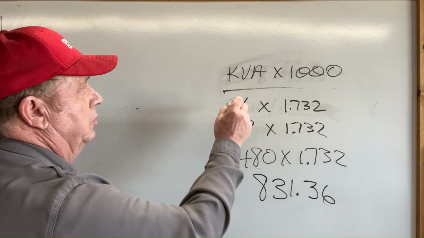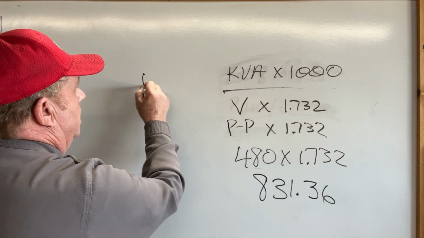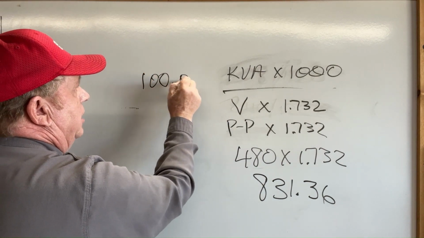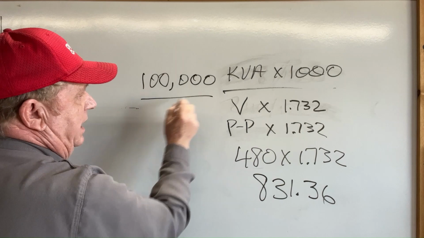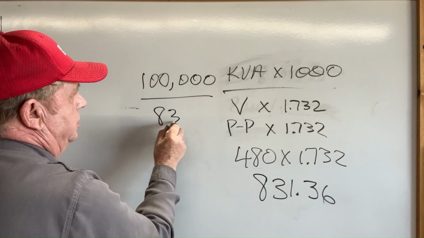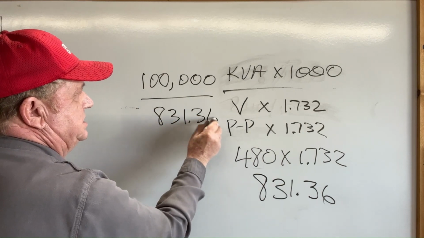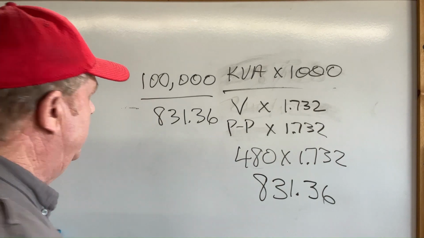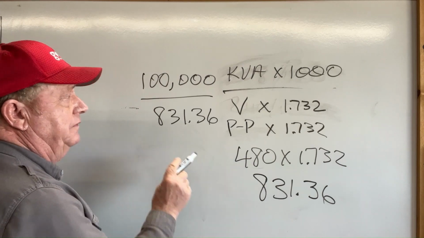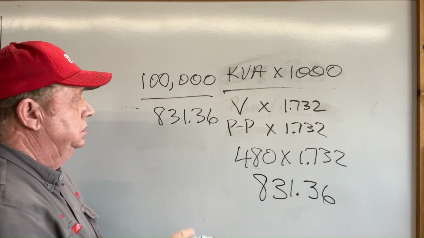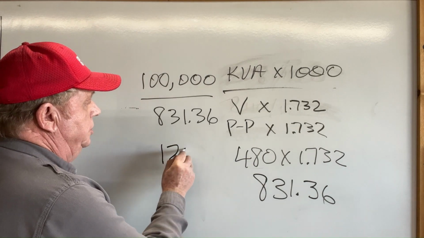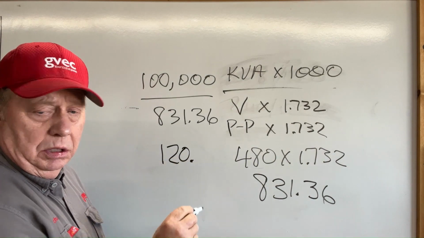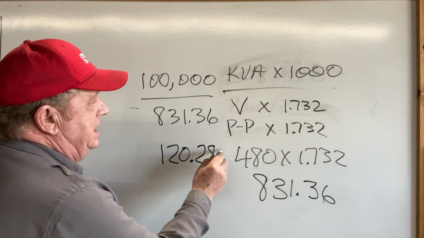So we'll fill in the blanks. 100,000 divided by 831.36. Now you're probably doing that math in your head. My number at 480 volts is 120.28 amps.